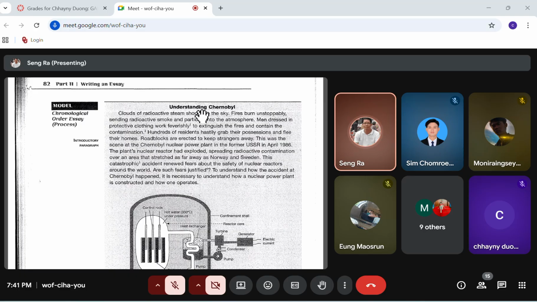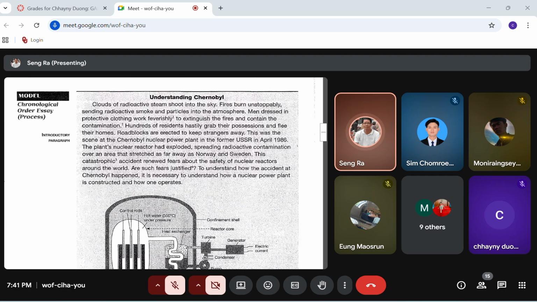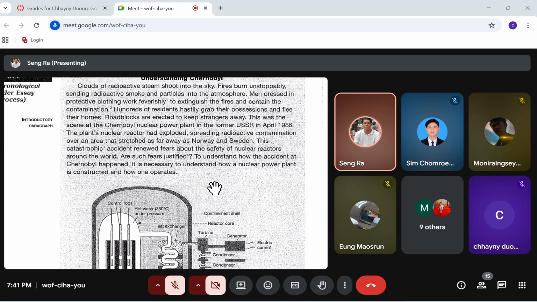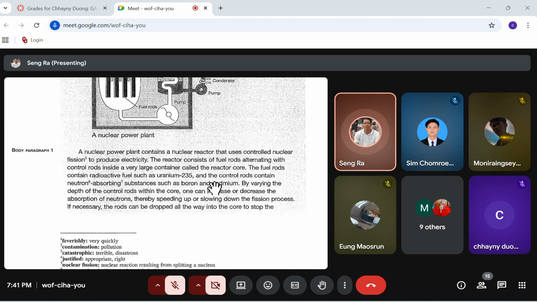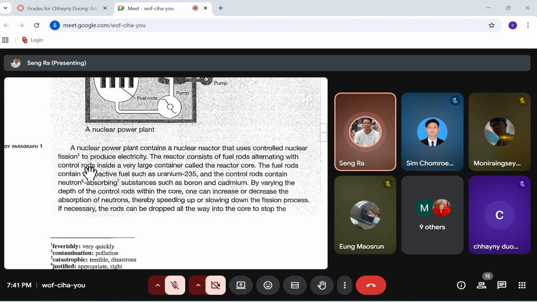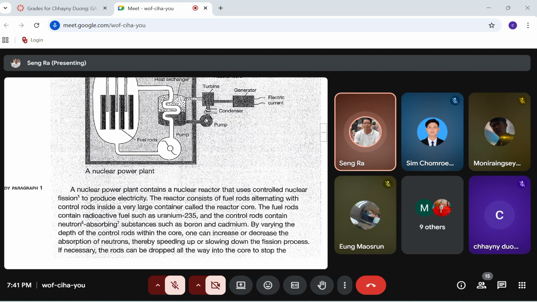Here we look at the thesis statement to understand how the accident at Chernobyl happened. It's necessary to understand how a nuclear power plant is constructed and how one operates. Below, the first body paragraph explains how the nuclear reactor is constructed.